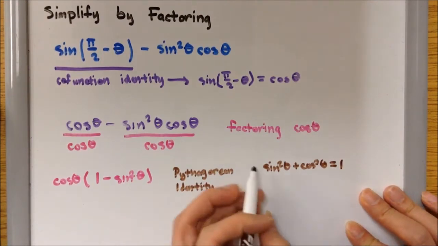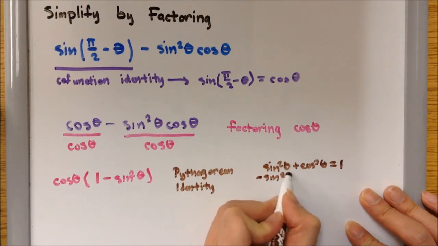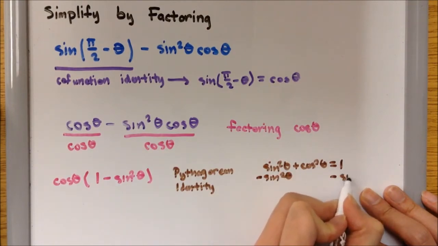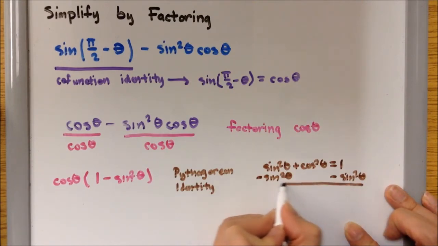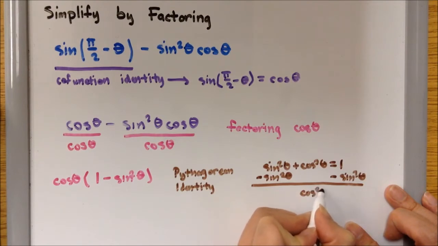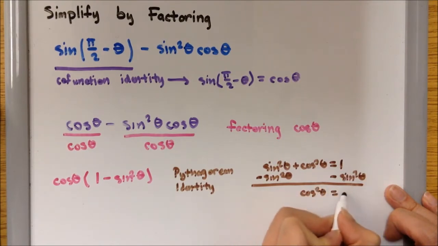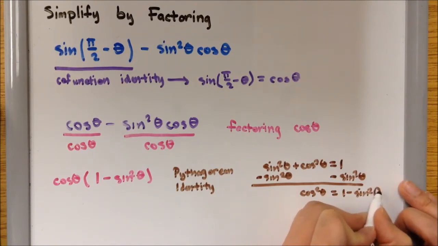If I were to subtract sine squared theta on both sides, then I would have cosine squared theta equal to 1 minus sine squared theta.